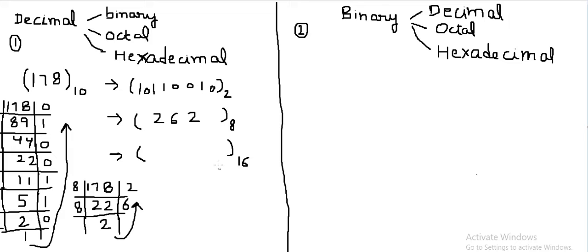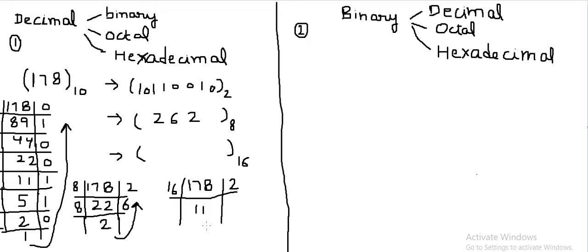Again, when we convert this number into hexadecimal, we have to divide this number by 16. So let's divide this number by 16. 16 ones are 16, and the remainder will be 2.